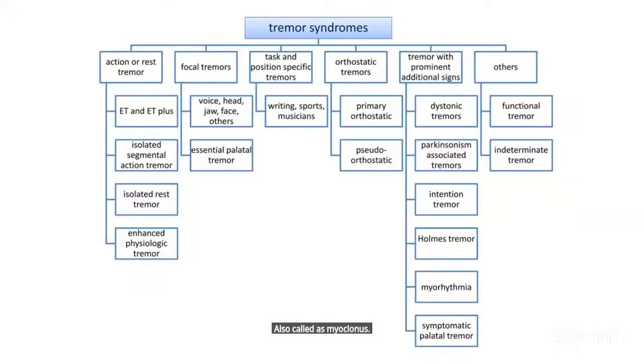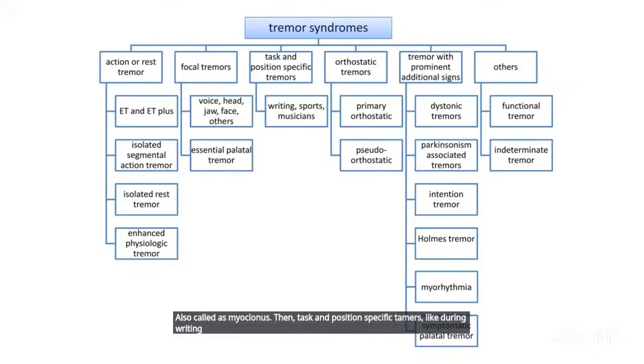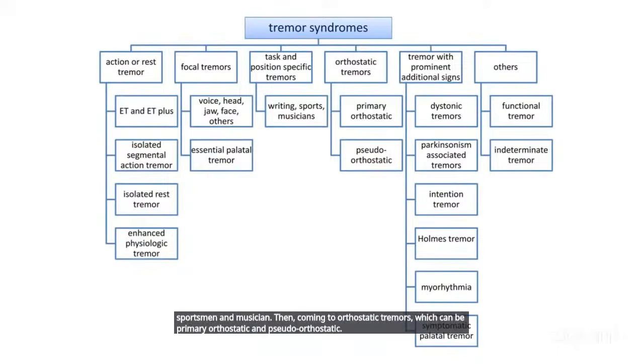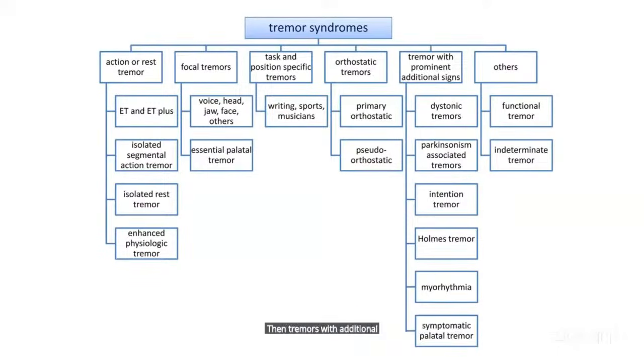And essential palatal tremors, also called myoclonus. Then task and position specific tremors, like during writing or sports, especially seen in golf sportsmen and musicians. Then coming to orthostatic tremors, which can be primary orthostatic and pseudo orthostatic. Then tremors with additional signs like dystonic tremors, which can be associated with dystonia.